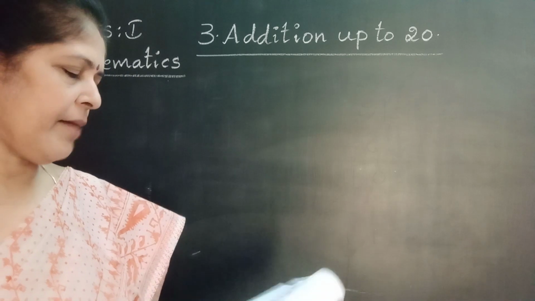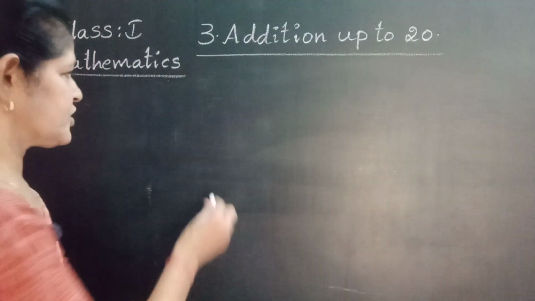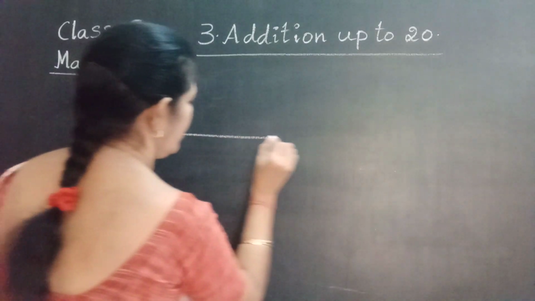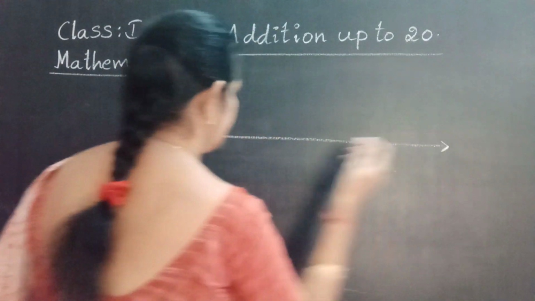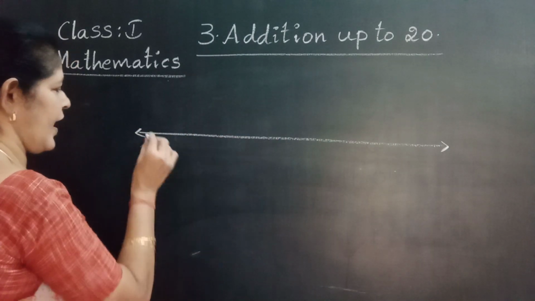Addition on the number line. I show you that one also. Next, go to the next one. Addition on the number line. Yes. Number line, a straight line.